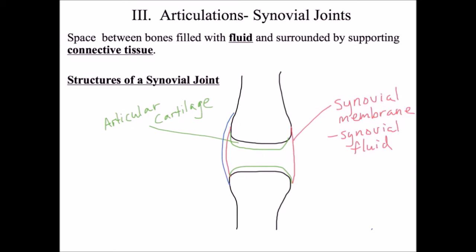Surrounding the synovial membrane is a structure called the joint capsule, or fibrous capsule. The function of a joint capsule is to stabilize the joint.